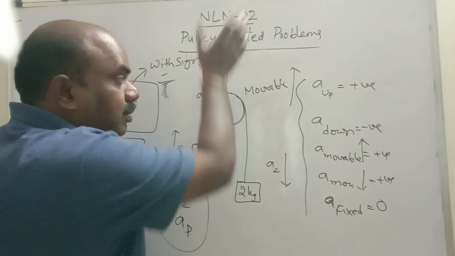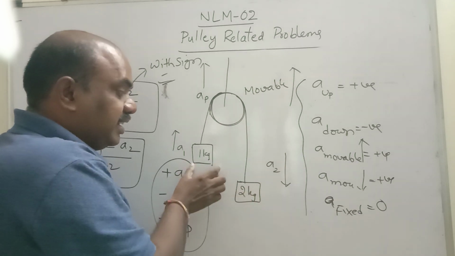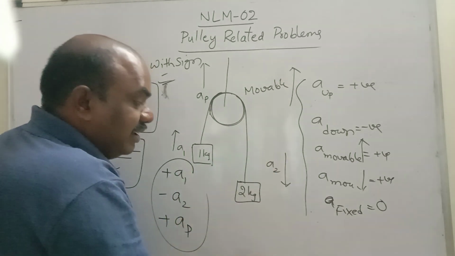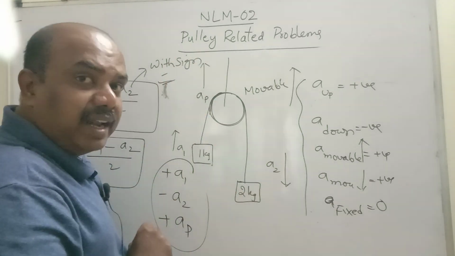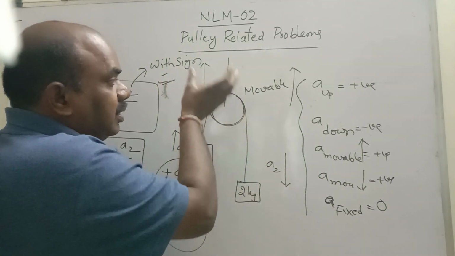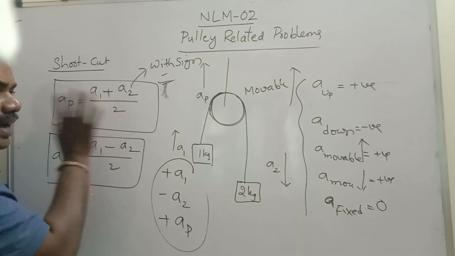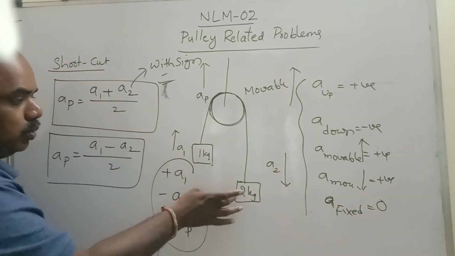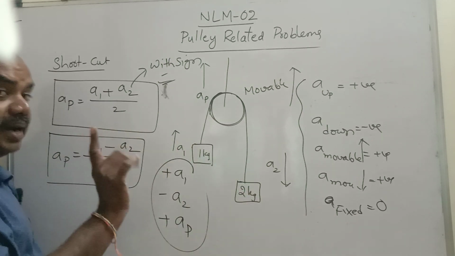The pulley is going up. One string is suspended over a pulley and it is attached with two masses, 1 kg and 2 kg. 2 kg is coming downwards with acceleration A2. 1 kg is going up with acceleration A1. Then what will happen? Acceleration of the pulley is the sum of accelerations by the total number of accelerations. 2 accelerations are there, so denominator 2, sum of accelerations A1 plus A2.